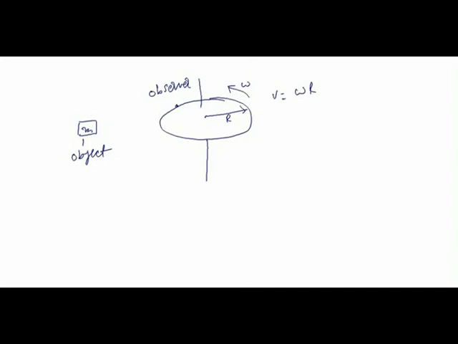Now for this observer, this stationary object will not appear to be at rest. Instead this observer will find that there is a pseudo force acting on this object. The magnitude of this pseudo force is mv square by r, where m is the mass of the object. This is the force which we call centrifugal force.